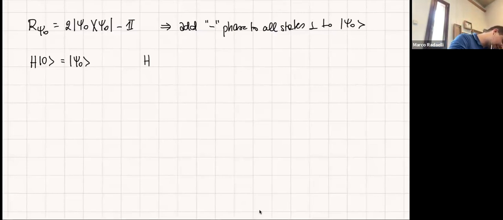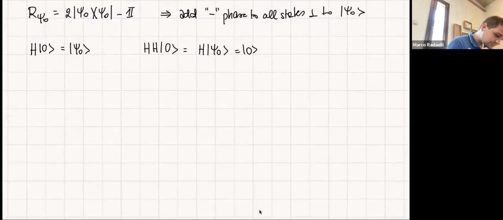We also notice that if we apply Hadamard twice on the state 0, which means applying Hadamard to the state psi-not, we get again the 0. That's one of the properties of the Hadamard gate: its square is the identity. So if we want to rotate around psi-not, we can convert this rotation into a rotation around 0, which is probably easier to do.